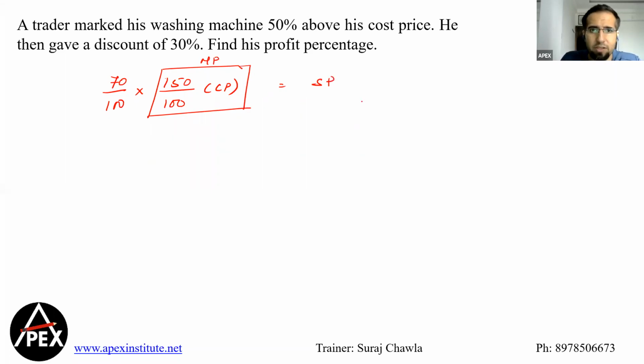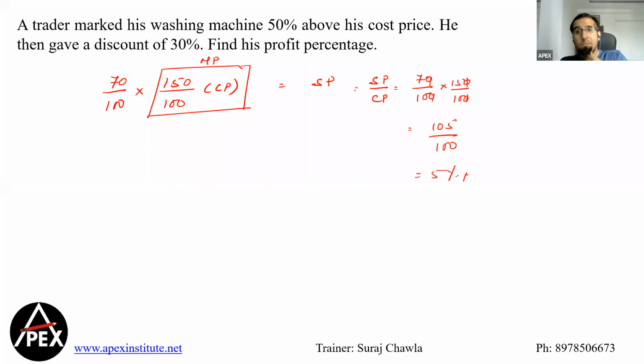One way of doing this is directly you can write this. If I cross multiply, I get SP by CP is equal to 70 by 100 into 150 by 100. 0 gets cancelled, so you get 105 by 100, and 105 by 100 means 5% profit. The other way is, there is a multiplying factor and another multiplying factor.